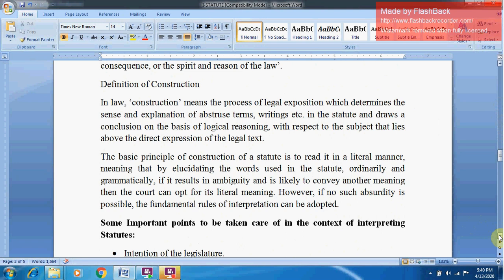But here "must" could mean either "may" or not "must": there may be a punishment. In the context, however, it is clear that if the meeting is not conducted, there shall be a punishment, and that should be read.